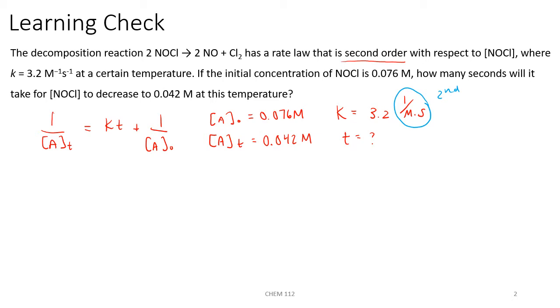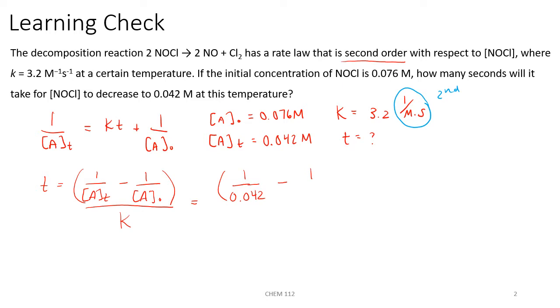So we can rearrange our formula to solve for t. T will be equal to 1 over A sub T minus 1 over our original concentration, divided by K. So now we have to plug everything in to our formula. 1 over A sub T will be 1 over 0.042 minus 1 over our original concentration, 0.076, divided by 3.2 for our K value.